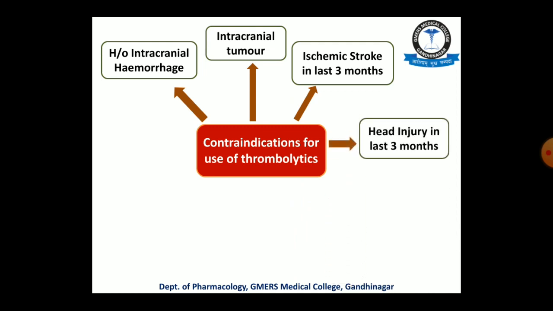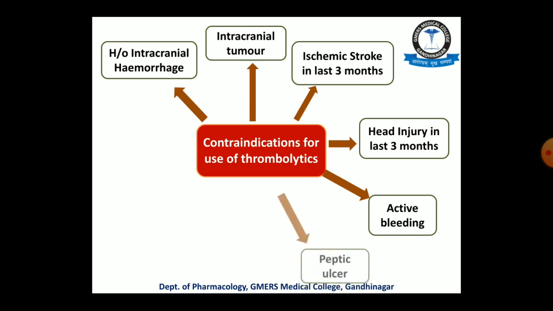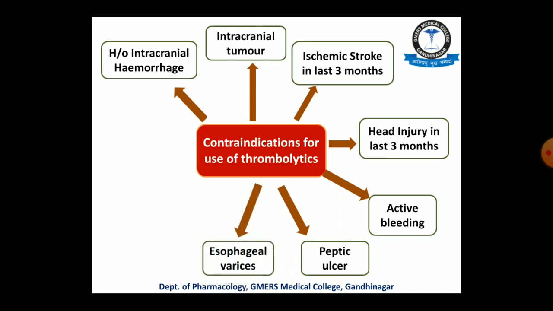If there is a history of head injury or major surgery in the last 3 months, one should not give thrombolytics. And if the patient has current active bleeding, like in case of a bleeding peptic ulcer or bleeding esophageal varices, thrombolytics should not be given.